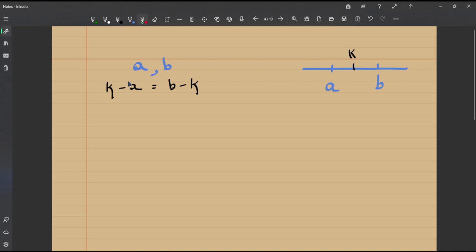So how do we arrive at k? Just add k to both sides. You get 2k is equal to a plus b, right? Or the midpoint of any two values would be (a plus b) by 2, right?